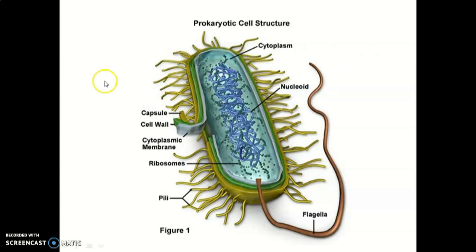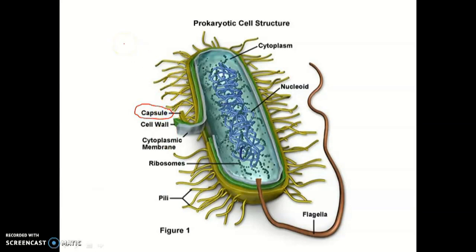The first structure that is present outside in some bacteria is a capsule. The capsule is a loose covering, and it is very important in some cases of bacteria.